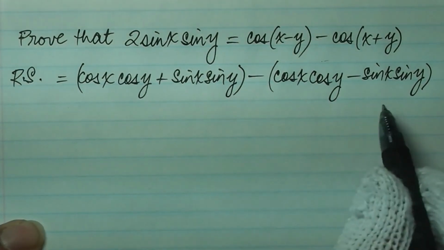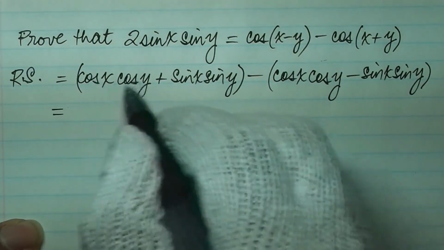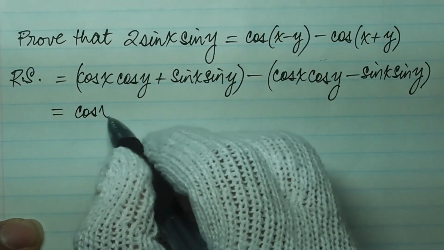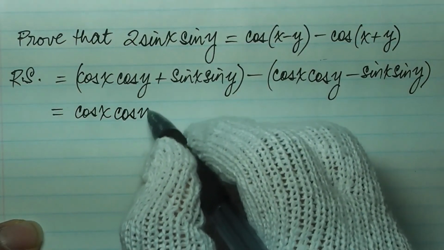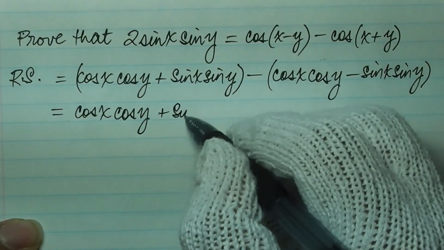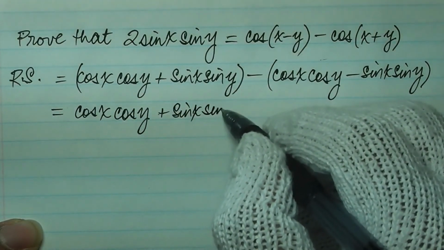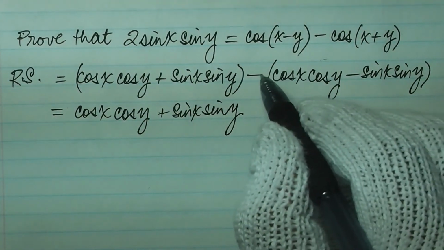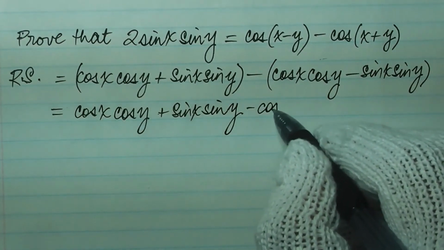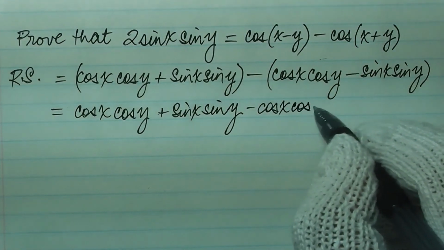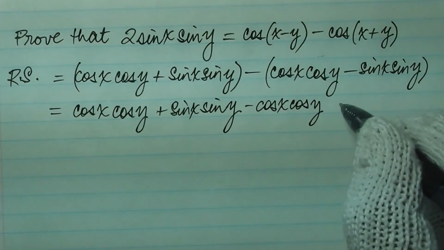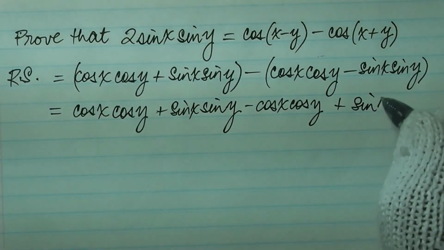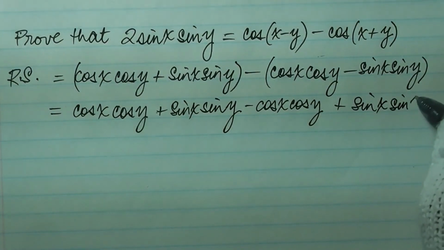I'm going to take everything out. I'm going to be really careful with my signs. Cosine x cosine y, plus sine x sine y, minus cosine x cosine y, plus sine x sine y.